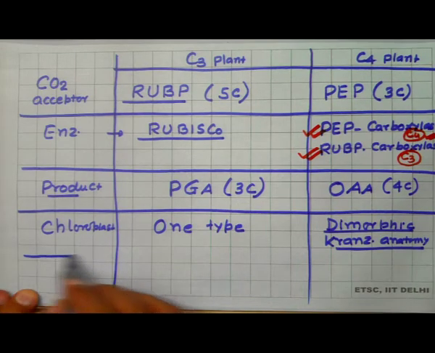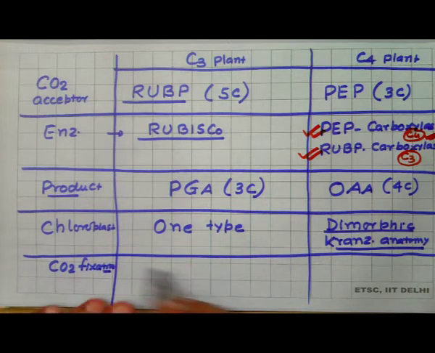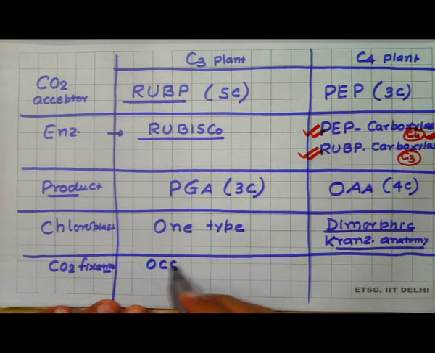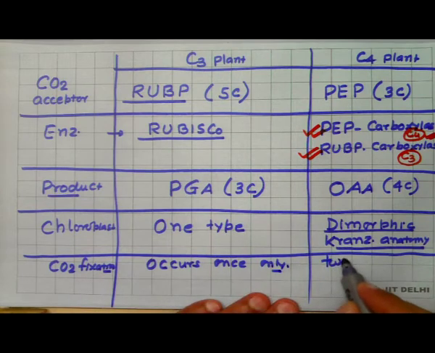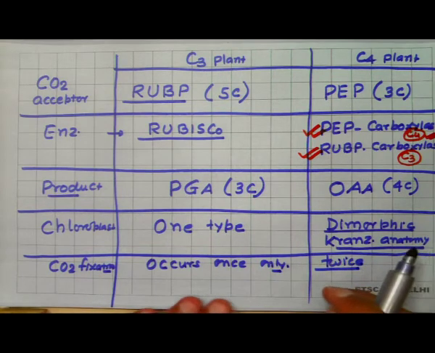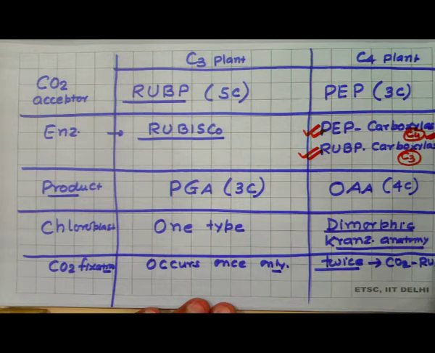Now, in terms of CO2 fixation, in C3 it occurs only once, but in C4 it occurs twice, because we have seen the CO2 is formed in bundle sheath cell, which is received by RUBP, and CO2 in mesophyll cell, it is received by PEP.